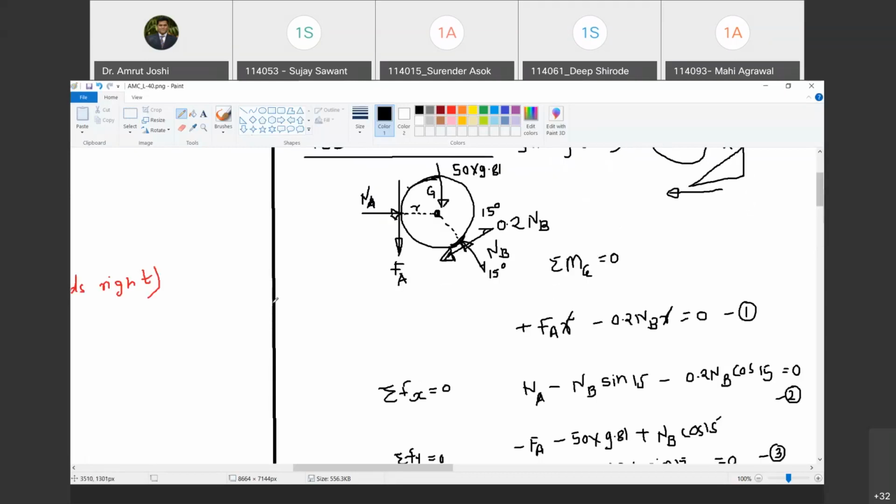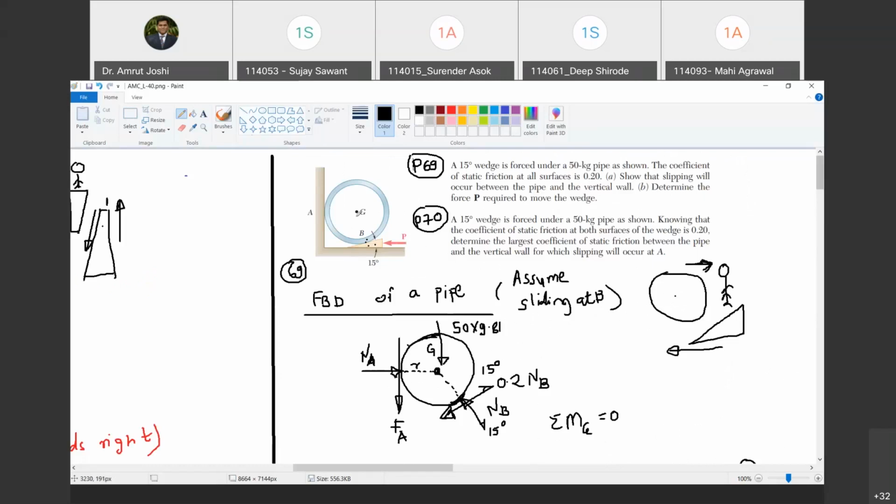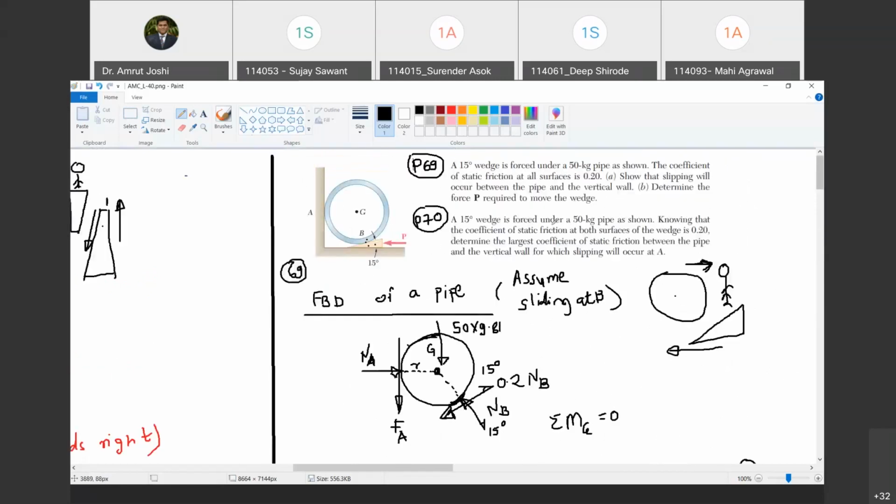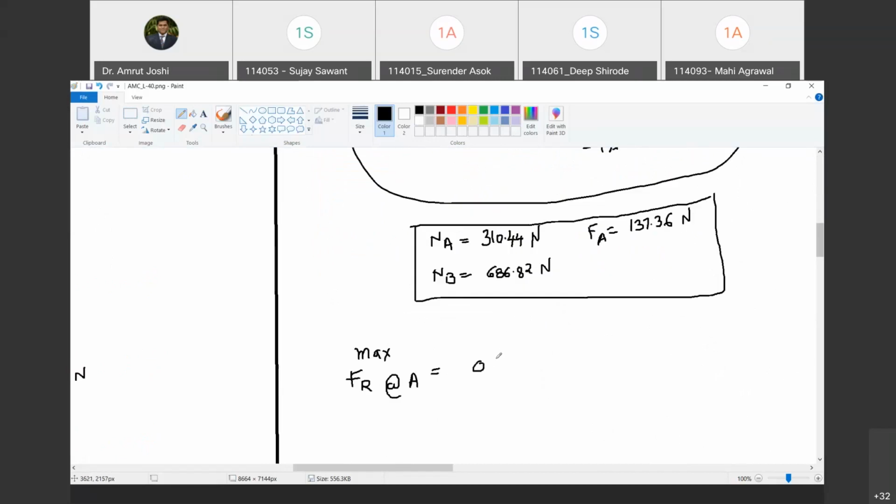What is the maximum value of frictional resistance that can occur at A? It will be coefficient of static friction 0.2 times Na. So how much is that? 0.2 times 310.44, that is 62.08 Newton.